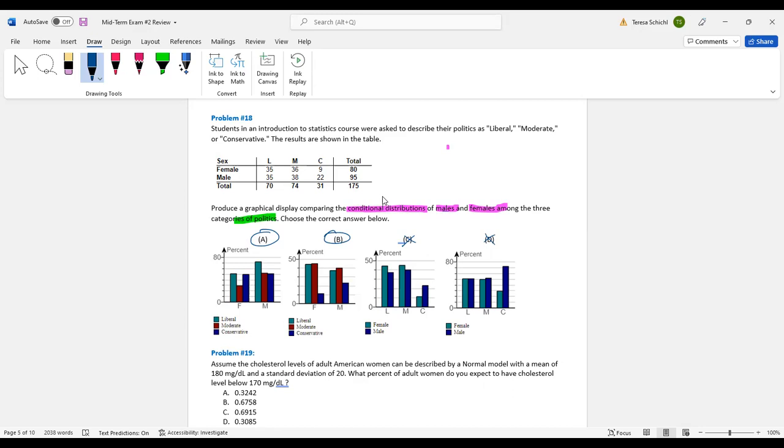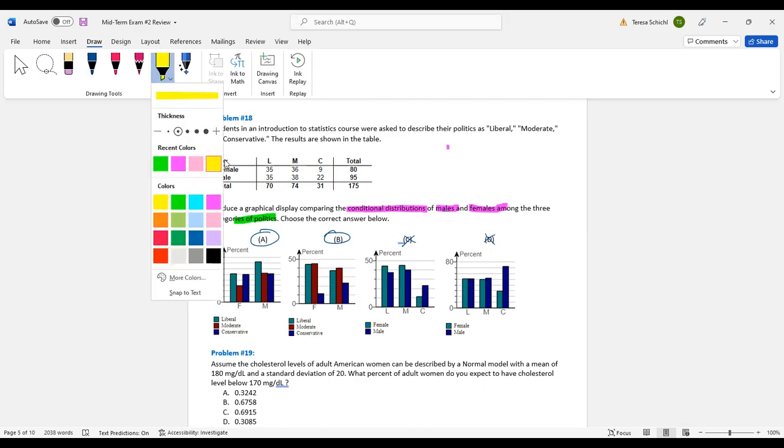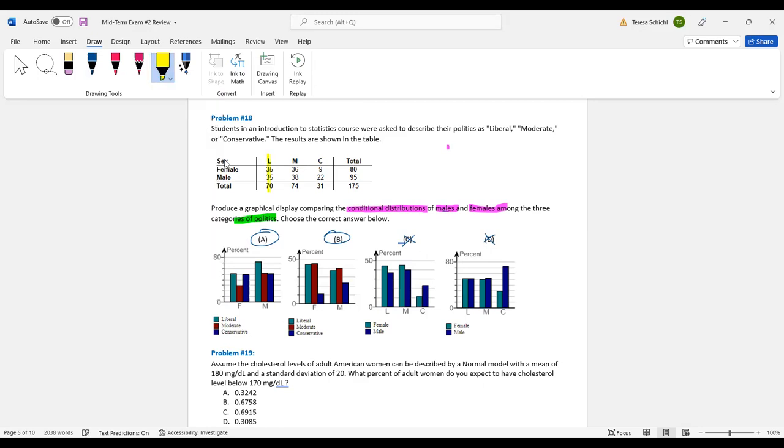For example, this is a label between the male and the female. And for the females here, liberal is 35, moderate is 36, and conservative is 9.